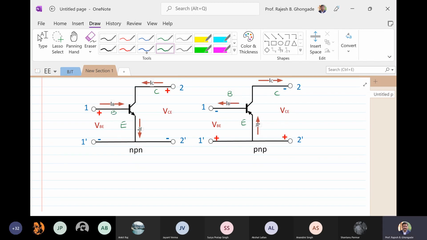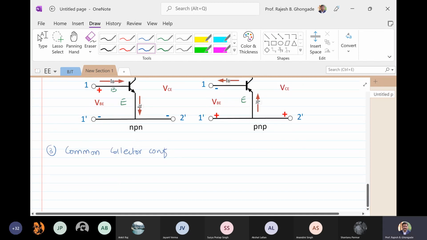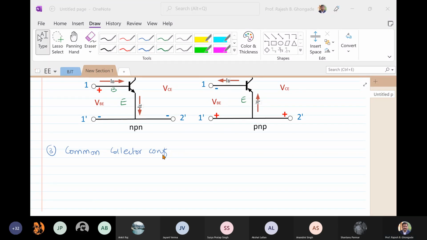लास्ट पॉसिबिलिटी कौन सा है? Sir, common collector. कॉमन कलेक्टर. Okay, let me fetch the figure from Visio.